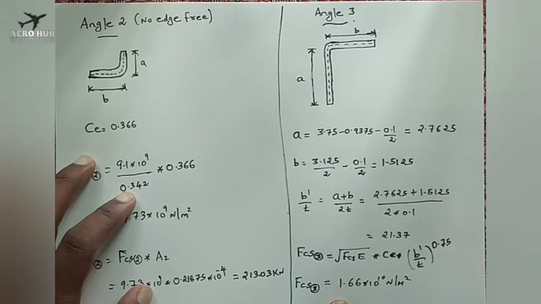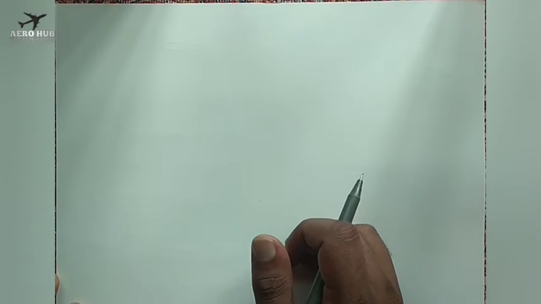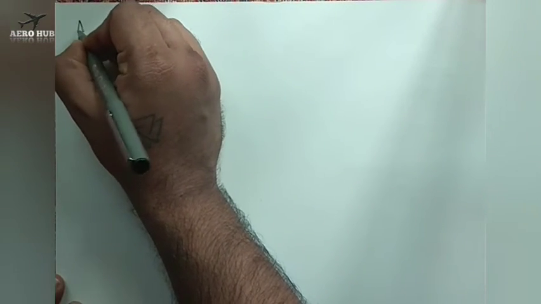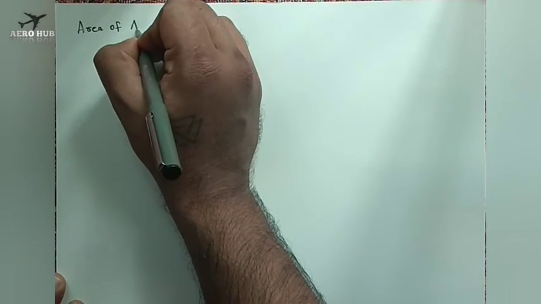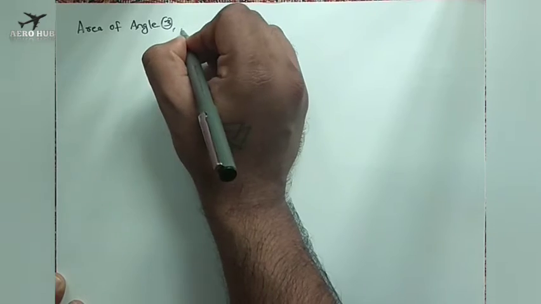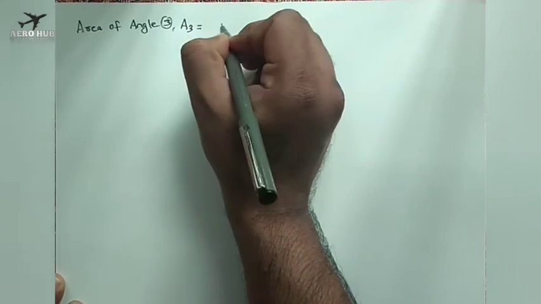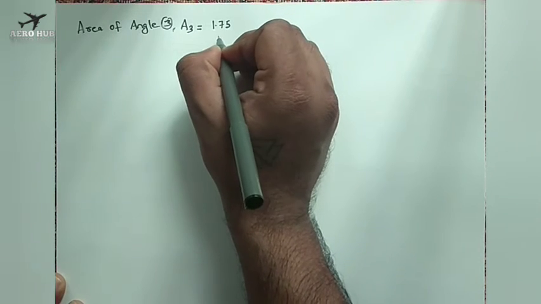Okay, to find out the crippling load of angle 3, we have to find out the area of angle 3. So area of angle 3, I write as A3 is equal to total area, that is 1.75, already given in the question.